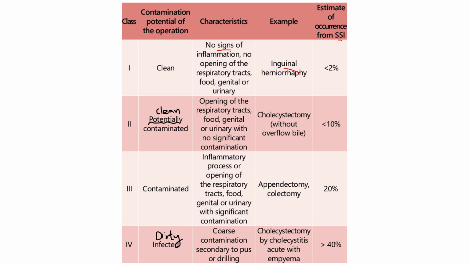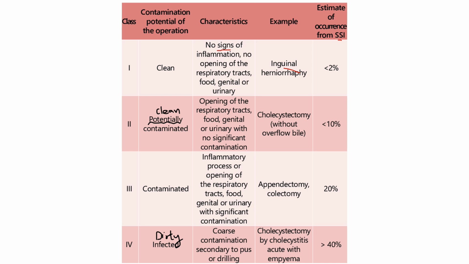This is from the past statistics, I think. With the advent of antibiotics and adequate use of antibiotics, this has been further reduced to less than 2%, even less than 1%.